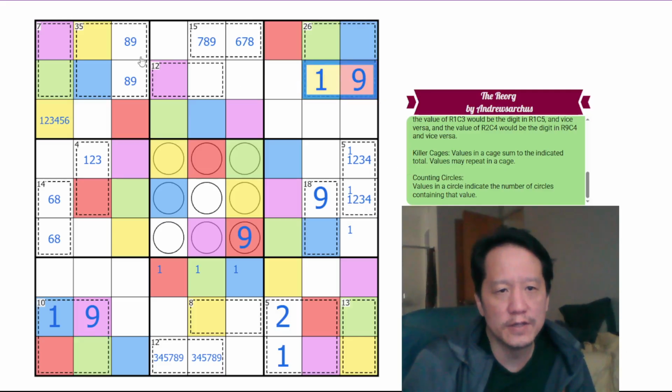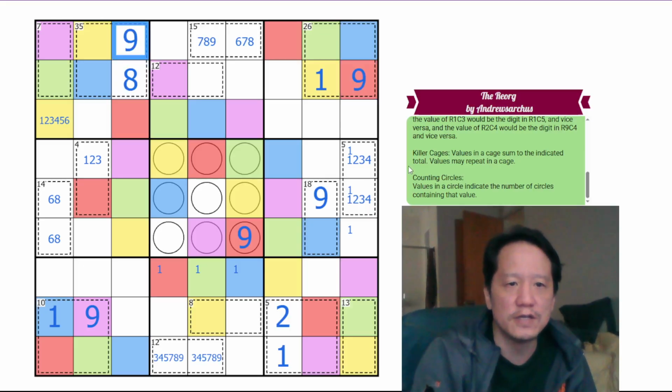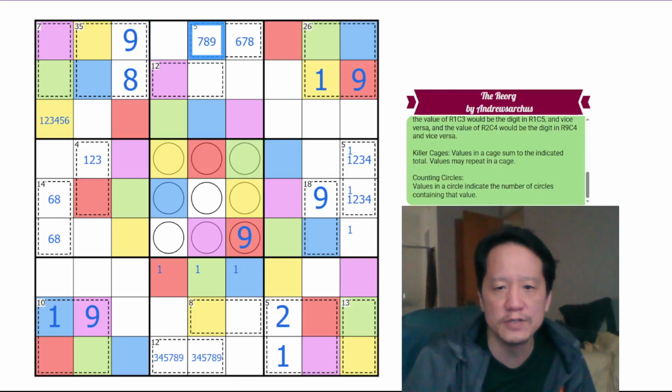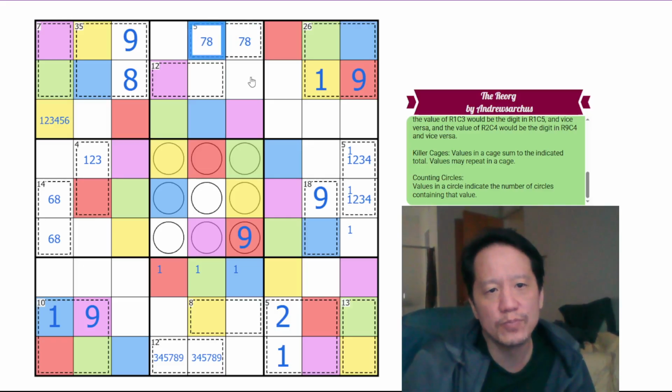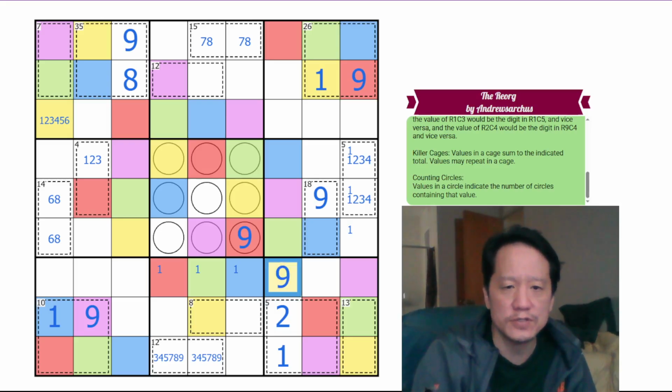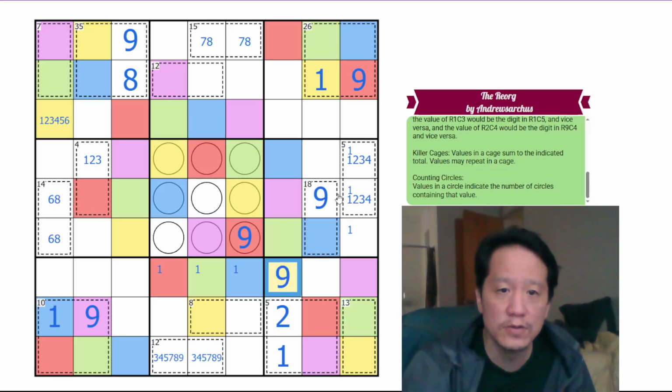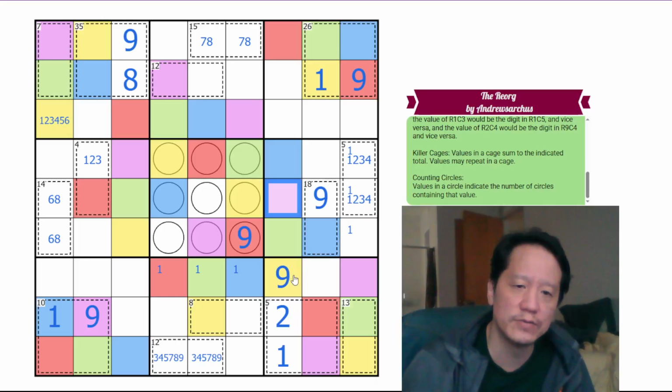So then that adds up to 35. 9 eliminates 9 here, so this is 8 and 9. So this cannot be 9. This becomes a 7, 8 pair. Where are the 9s? 9 in column 7 has to be here. So this is 9 in value, which means that's a 9 in value. That's interesting.